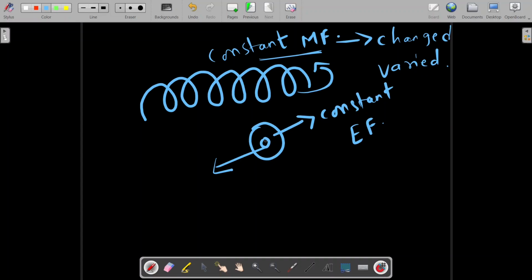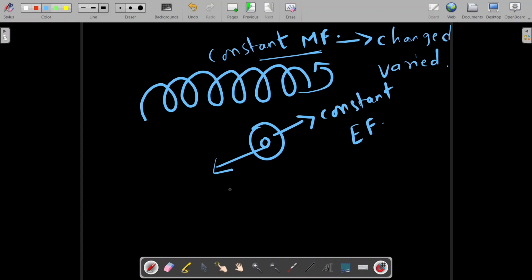Here the electric field is dependent upon the electron, due to change in the motion of the electron. From rest, it has gone to some velocity. Due to that movement, there is a change in electric field which induced the magnetic field. Here the magnetic field is dependent on the electric field, right?